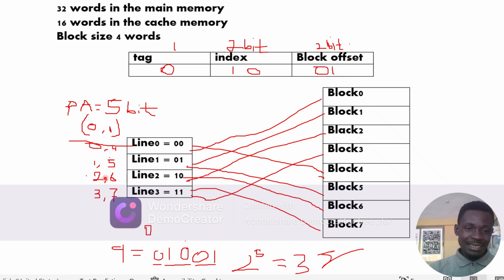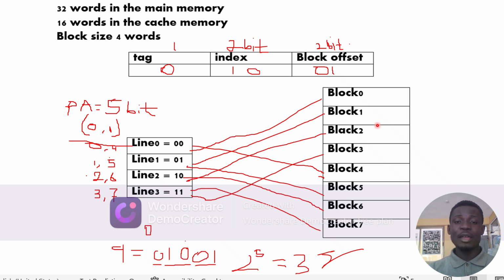So the block in which the address can be found is 2. And here is block 2. Now we have landed on block 2.